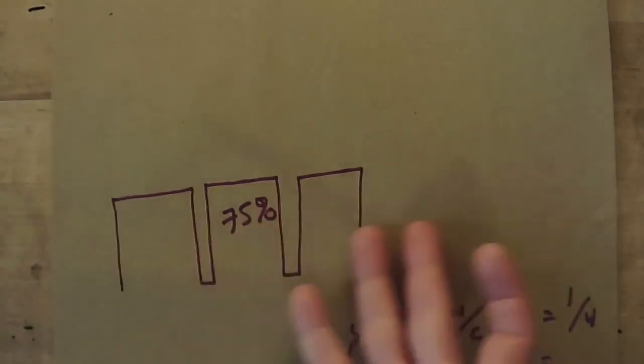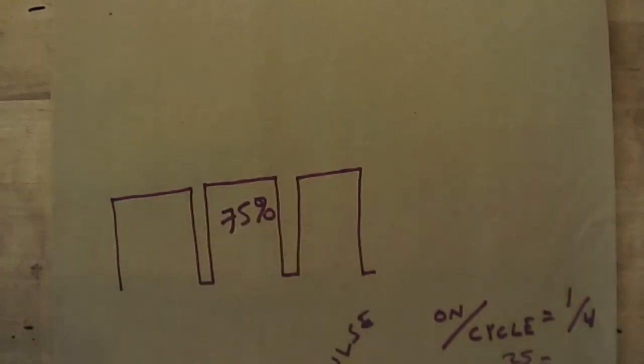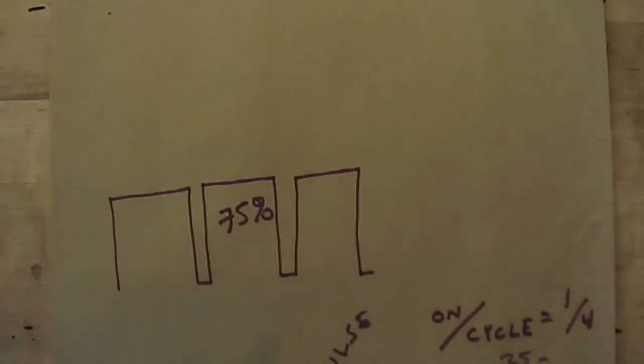This we can do with the Arduino, and this is what is controlling the brightness of those LEDs that you might see in your room or at the bodega.